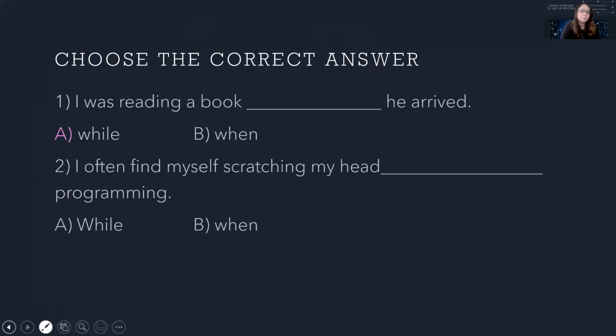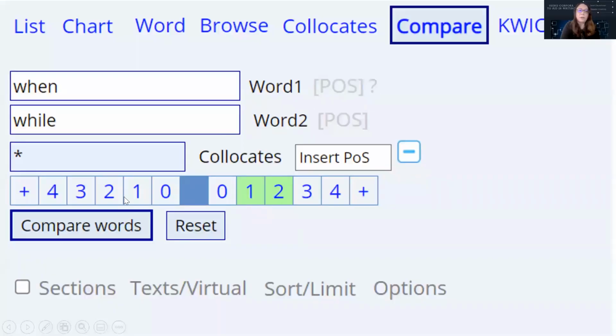Okay. So what we can do to see if it would be A or B for these is we can do a search on COCA comparing when and while. And this is how you do a search. So you go to the page, you click compare, you put in when, you put in while, and then here's the collocates. For this part, this can work if you're looking for a specific pronoun, or like if you're looking for pronouns or adjectives or something, you can use this to get more information.